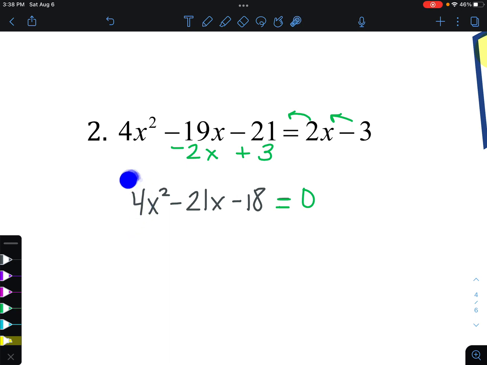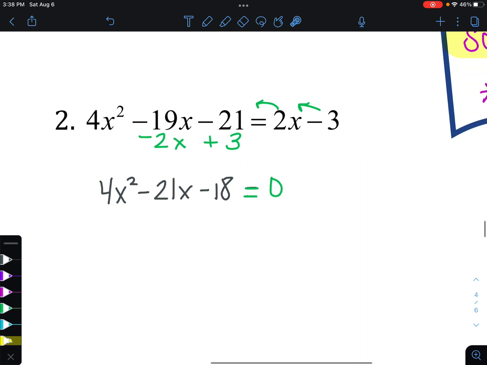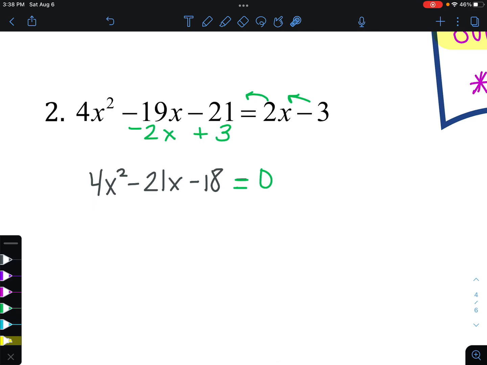Well, I see that my leading coefficient is greater than 1, so I have to use the multiple steps, right? So what two numbers multiply to 4 times negative 18, which is negative 72, and add to negative 21.